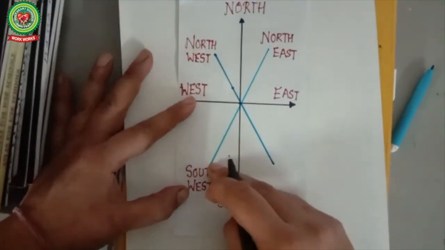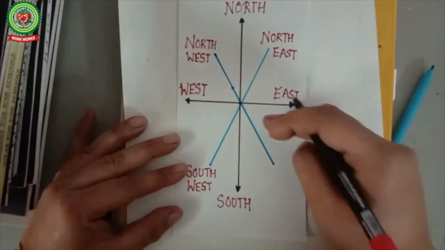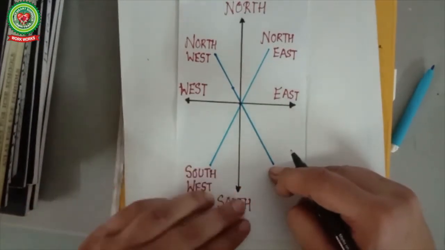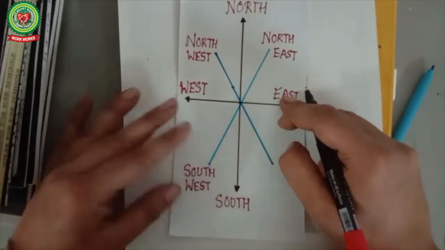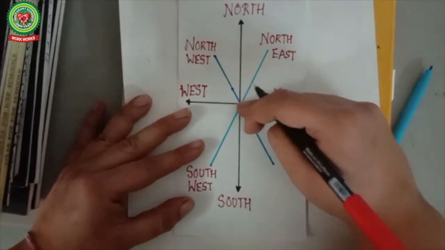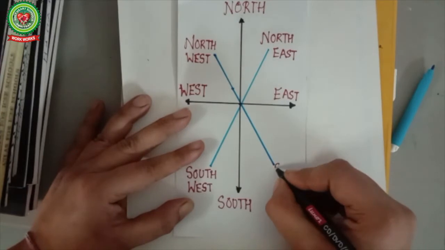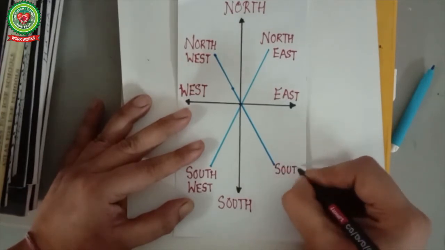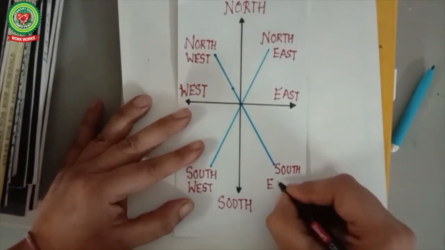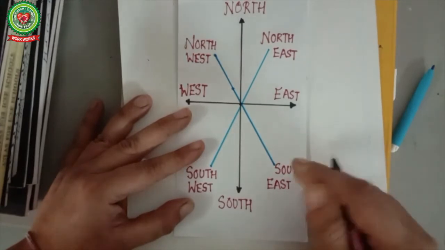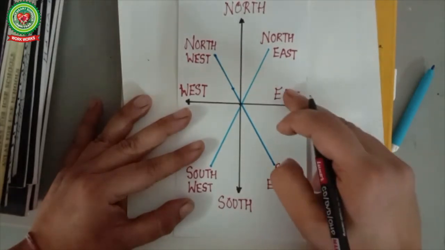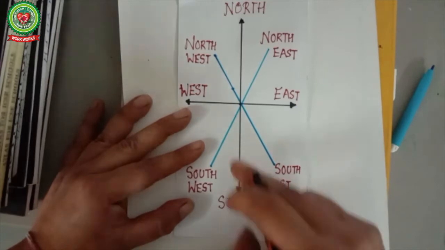Coming below, here we have east and south. You can see this line is drawn between east and south. So here we have southeast. Thus southeast direction lies between east and south.